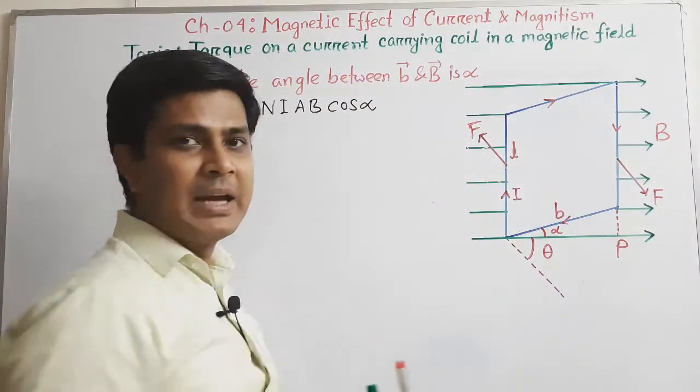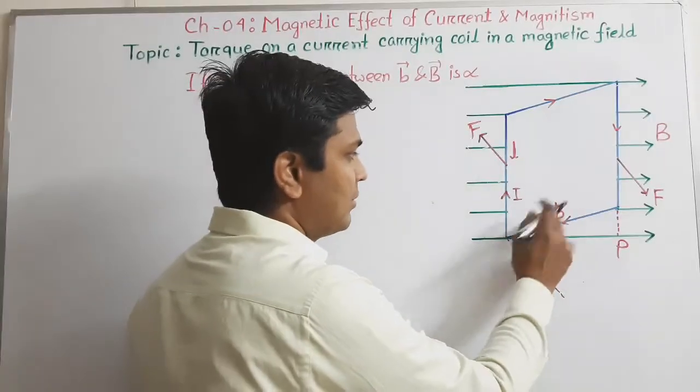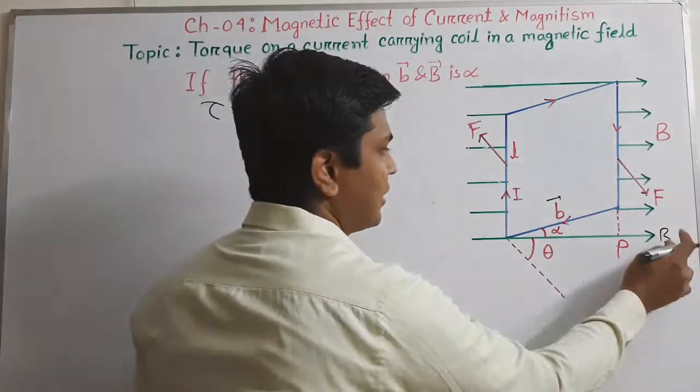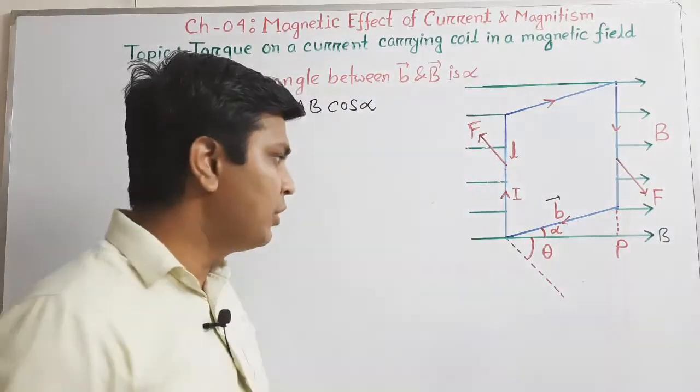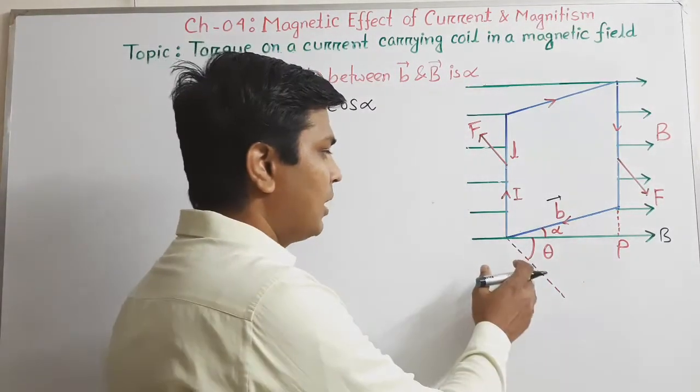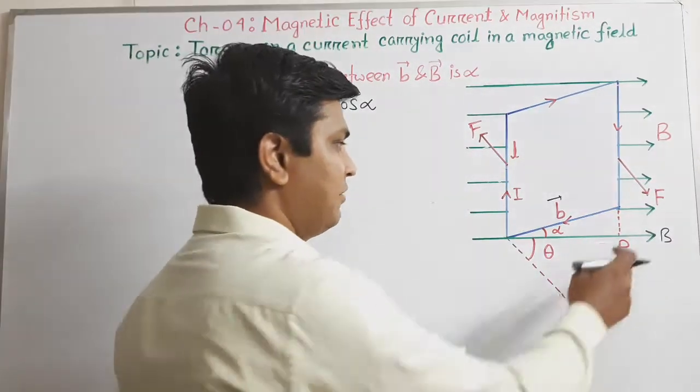Here alpha is the angle between the coil plane and the magnetic field capital B. In the figure you can see this is theta, the angle between the normal of the loop and the magnetic field B.